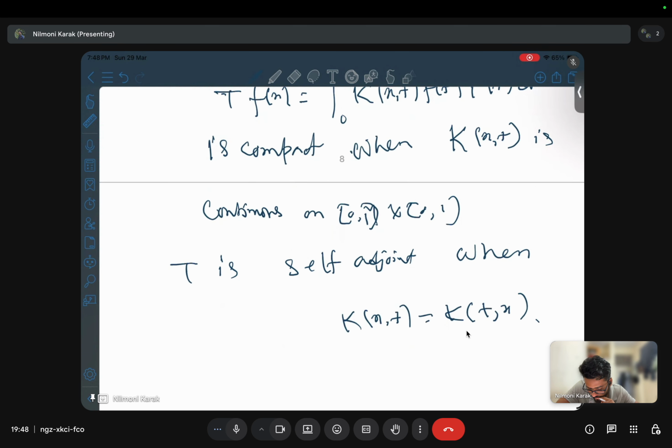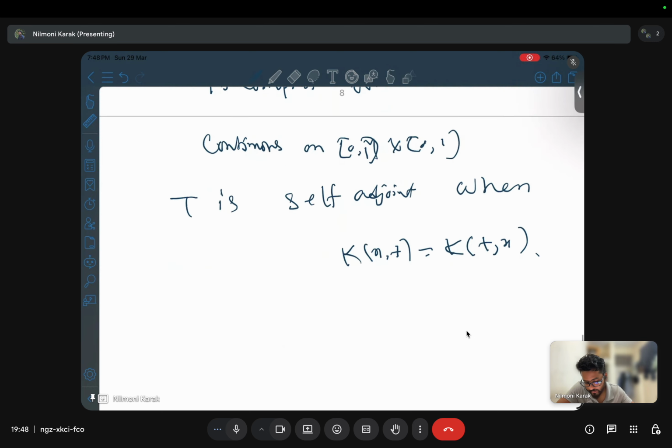So now we can study the Sturm-Liouville problem, and we can transform it to an eigenvalue problem for a compact self-adjoint operator.